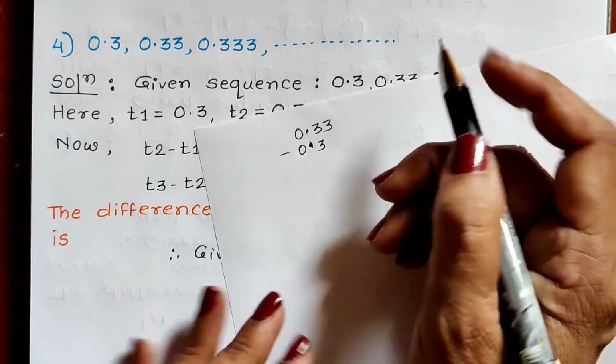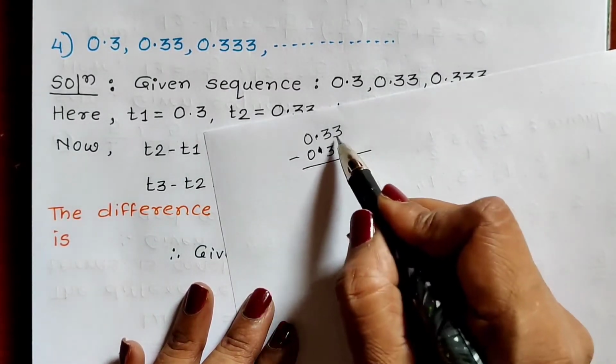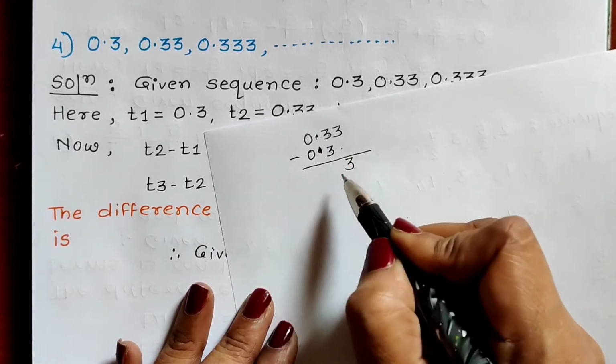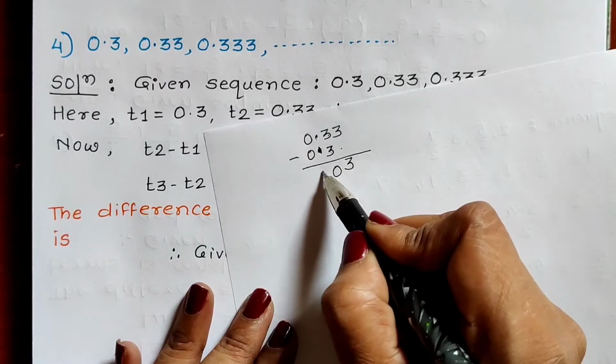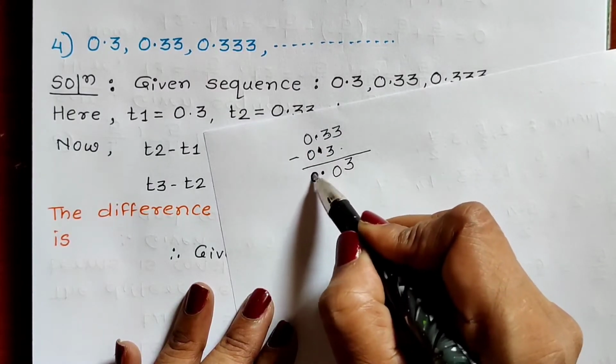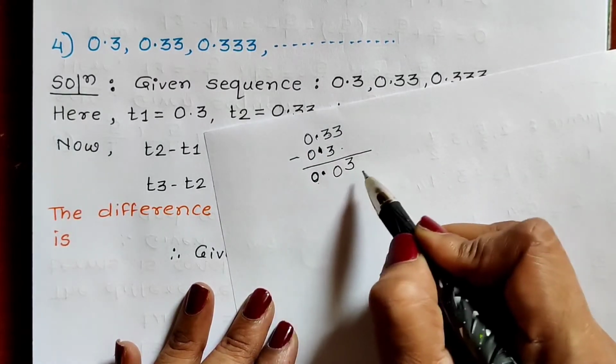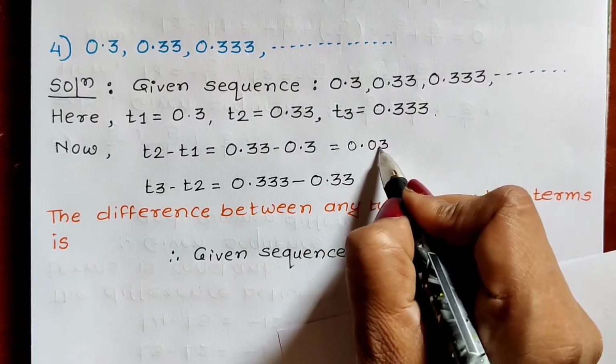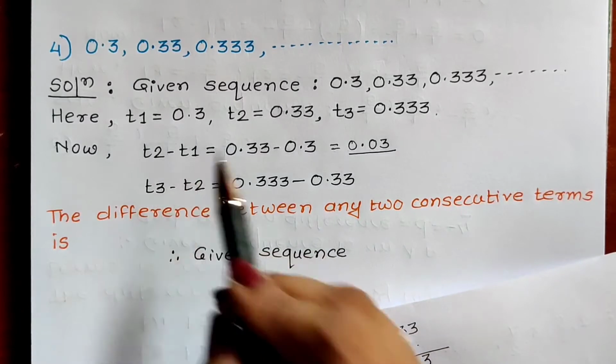Left hand side digits should be written properly, one below the other. So here nothing is there below this 3. That means this 3 we have to write as it is. 3 minus 3 will be 0. Point below point, and then this 0 as it is we have to write. So the answer is 0.03. 0.03 is the answer of T2 minus T1.